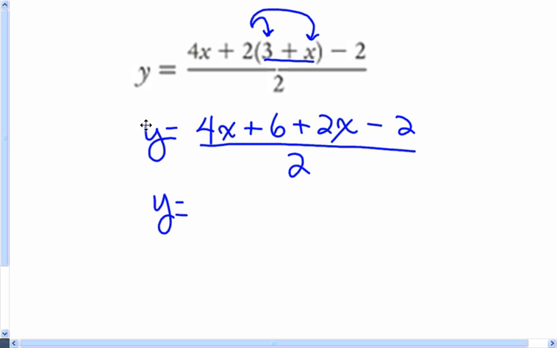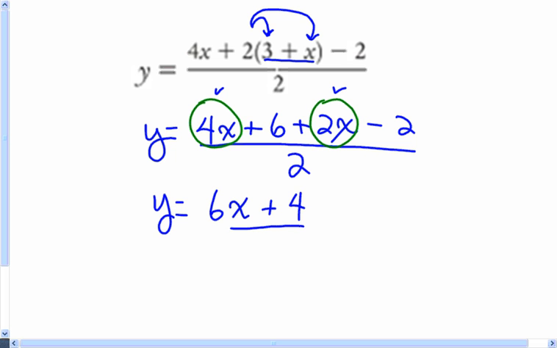We will combine like terms. Like terms means they have the same exact variable. I have 4x right here and 2x here, and together I can make that 6x. And then I have plus 6 minus 2, that's the same as plus 4. I can divide that by 2.